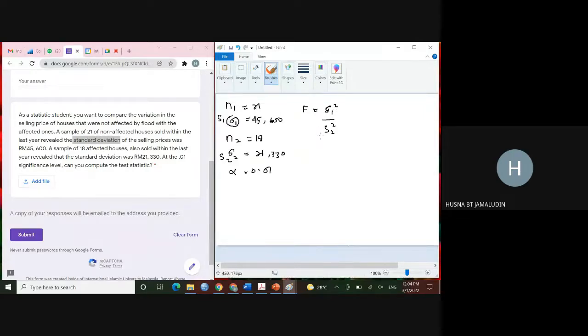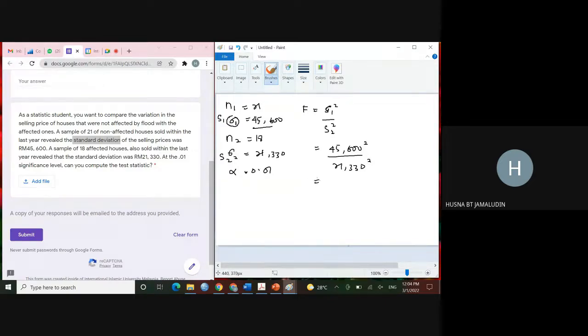Okay, so now can you compute the F statistics? So the question gives you the standard deviation, right? So 45,600 over 21,330. Is that all? Is there anything missing? Can we just compute it? You have to put square to make sure that you are computing the variance.